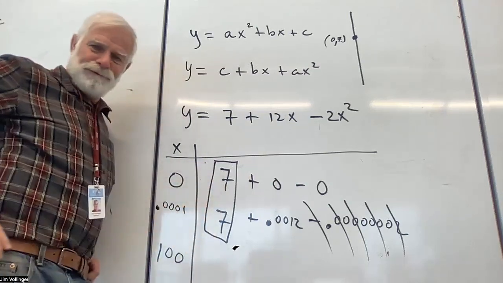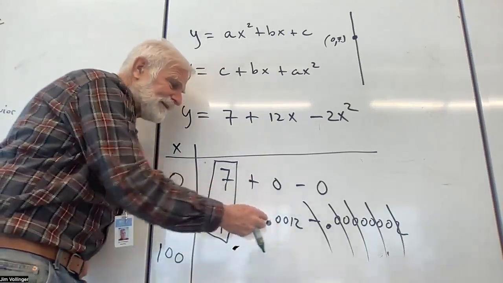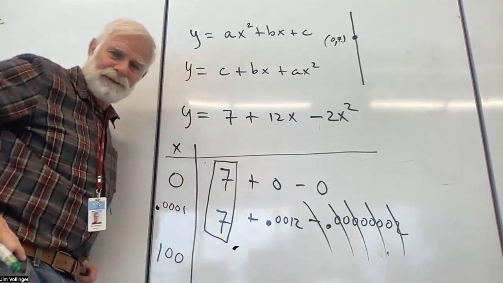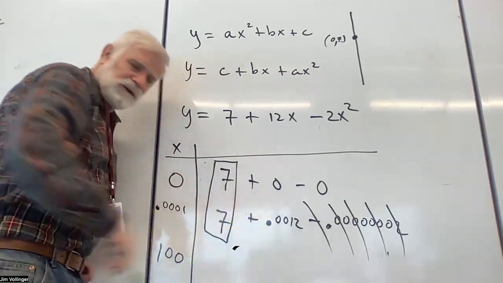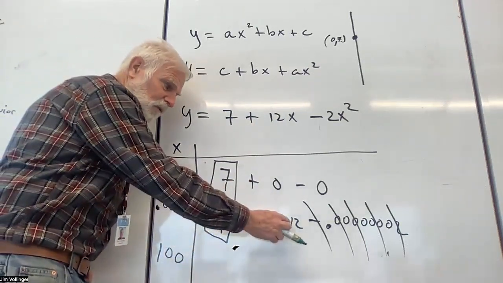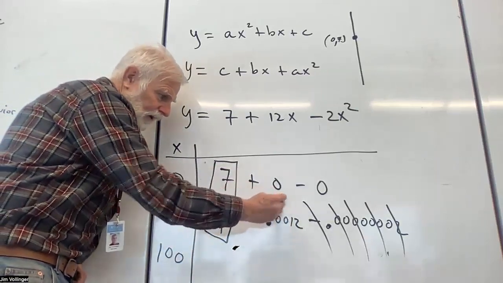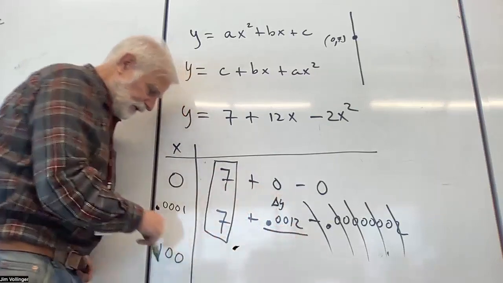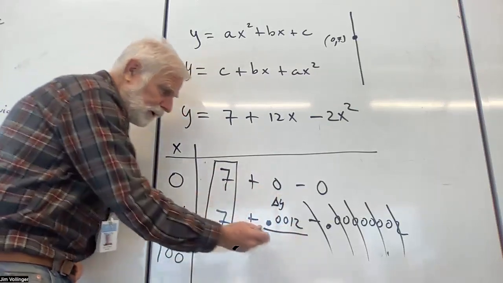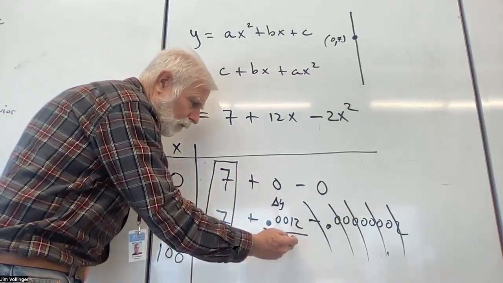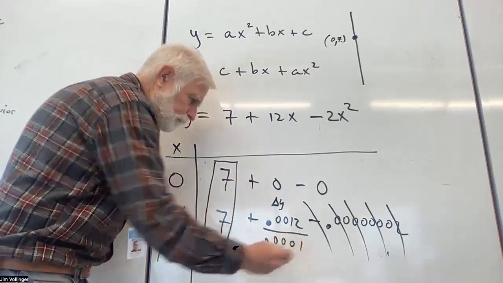No change here. The change is being dominated by this middle term. And I'm going to compute the change by taking the change in that y value and dividing it by the change in the x, which is 0.0001.